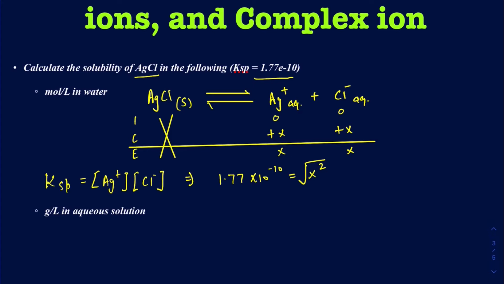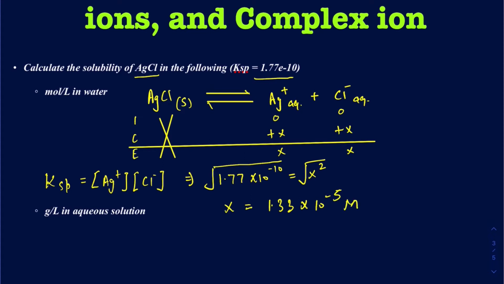To figure out x, I will take the square root on both sides, and then x is going to be 1.33 times 10 to the minus 5 molar.